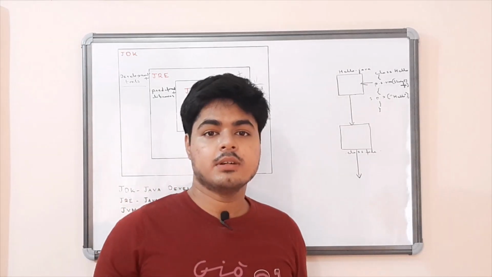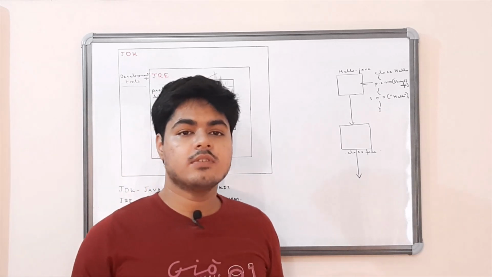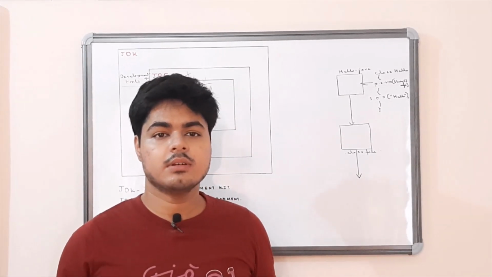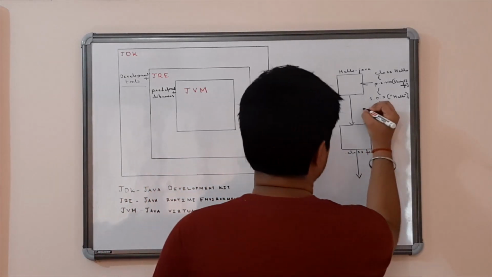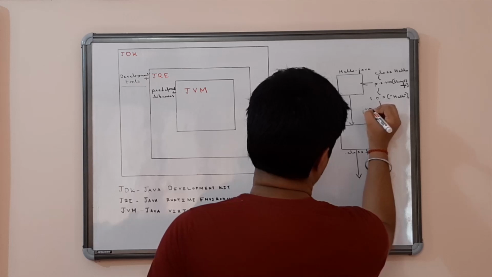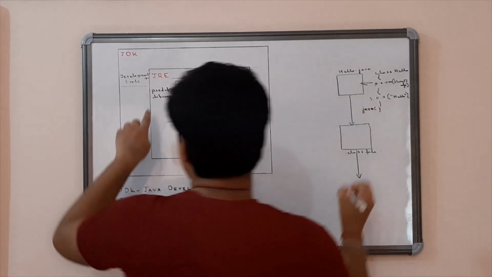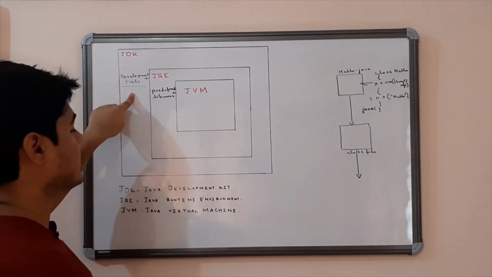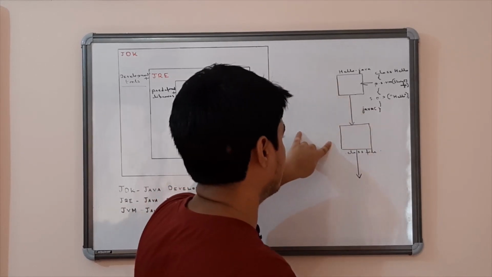computer understandable code. But in Java, we cannot directly convert the source code to computer understandable code. So basically using the javac compiler, which is one of the development tools present inside JDK, we can compile this source code to a .class file.